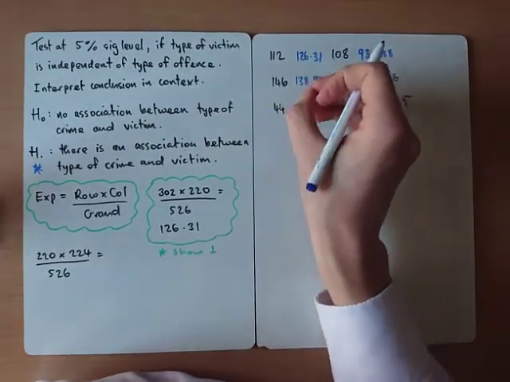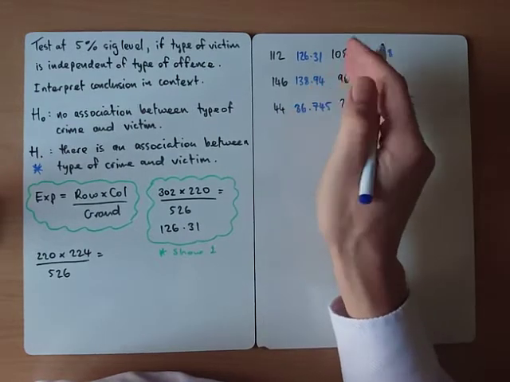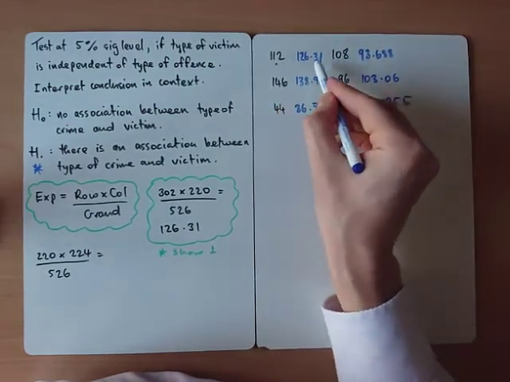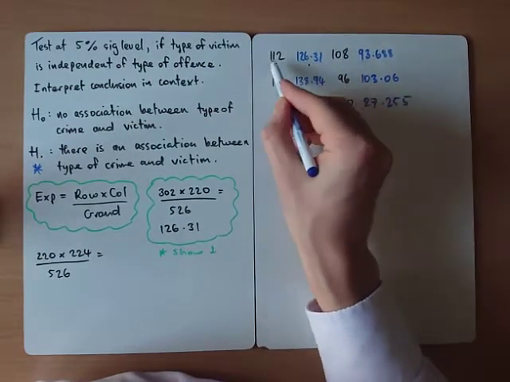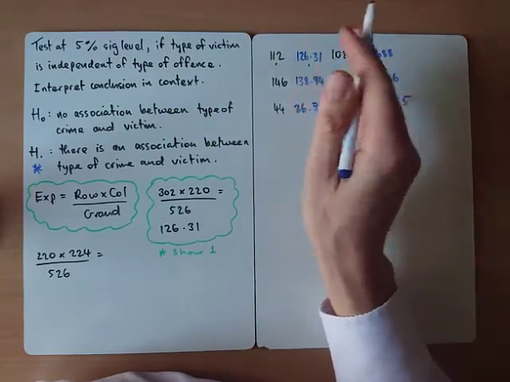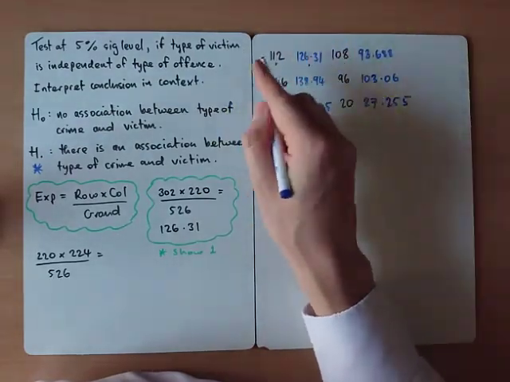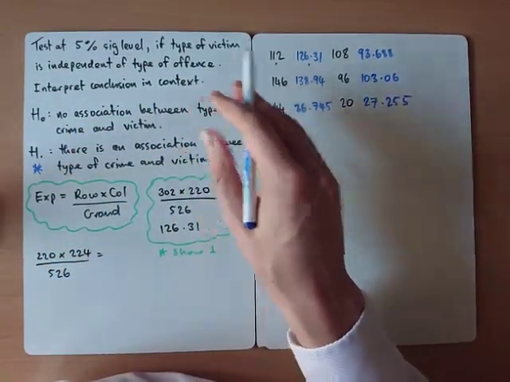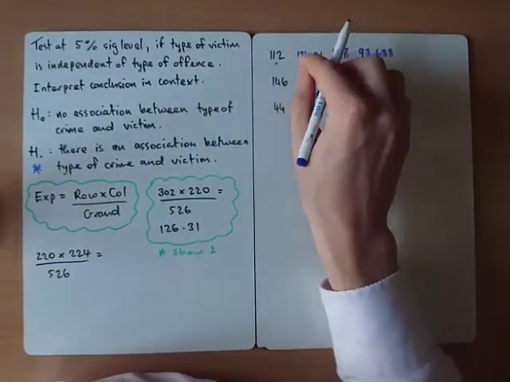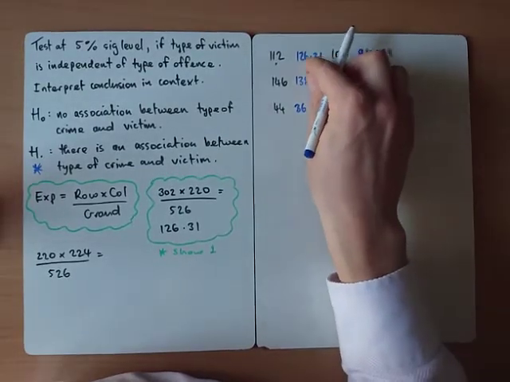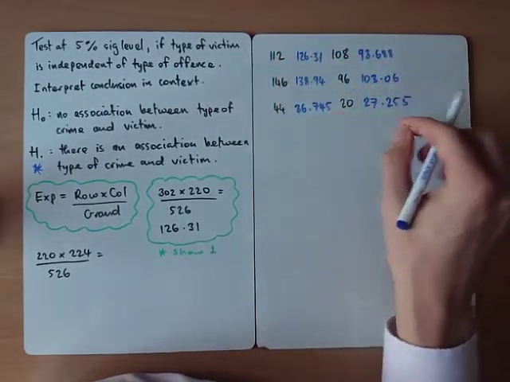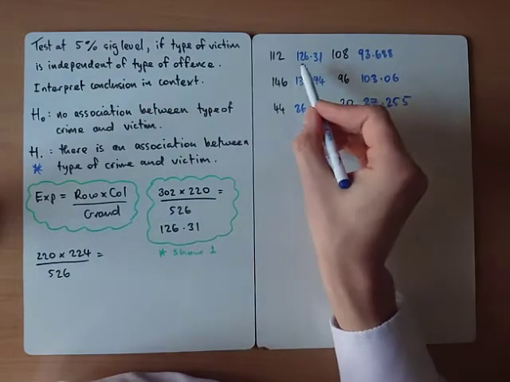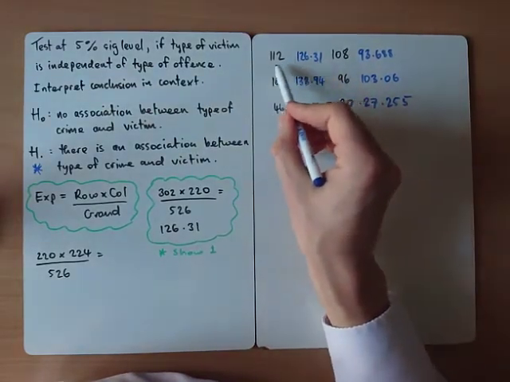If the values are close to each other, in other words what actually happened is what you would expect to happen, if there's not much of a difference between real life and what you'd expect, we'll just say there's no association, because what we expect to happen is what we observe. That's at the heart of this calculation. We're just getting a feel for how far away these numbers are from each other.